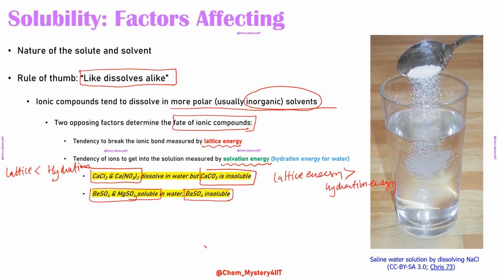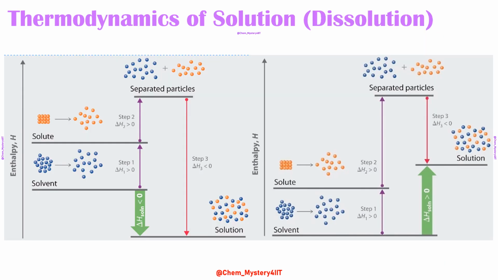Before we move on to the other factors, we'll talk in brief about the thermodynamics of solution, or the thermodynamics of dissolution. So these energy changes are basically two things we are doing here. Number one is conversion of the solute and solvent into separated particles. And then the separated particles are converted back into the solution. So we have two kinds of changes over here.